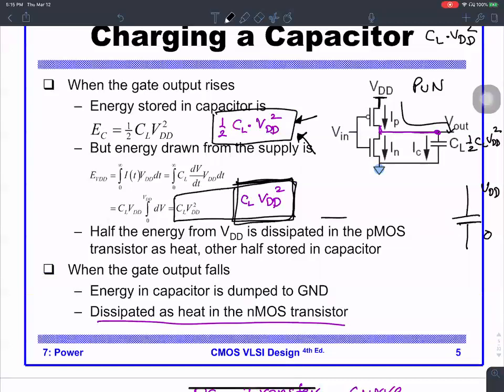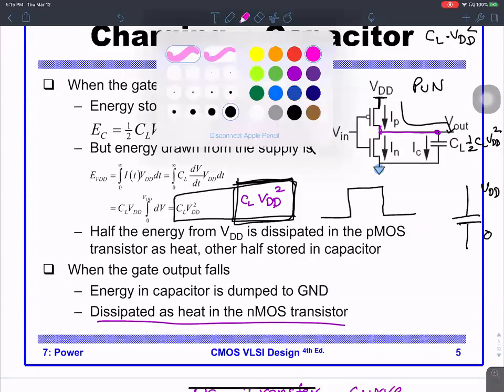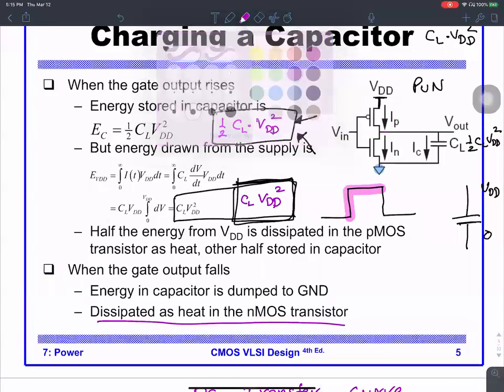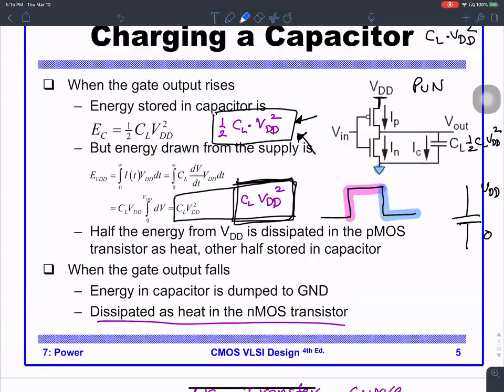So if you were to look at the charge followed by the discharge phase of a capacitance in CMOS logic circuits, I'm talking about this phase where the load capacitance goes from 0 to 1, followed by the phase where the capacitance goes from 1 to 0 volts, or logic 1 to logic 0.